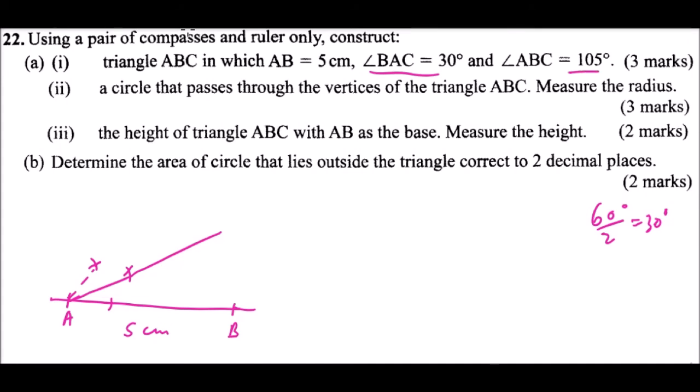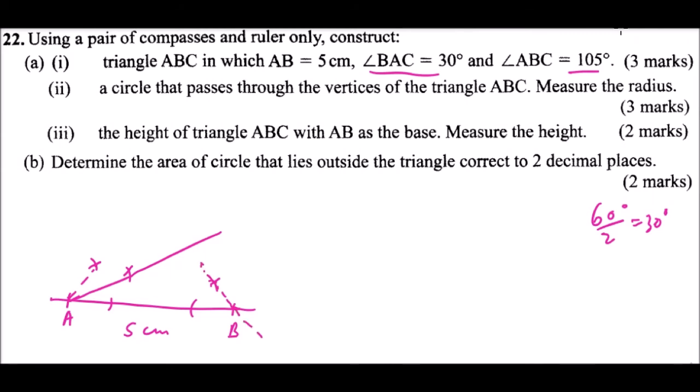Then you construct angle 105. One of the ways you can do that is by making an angle of 60 and then an angle of 45. So you can extend that. You can make an angle of 60 here. Not in that direction, we need to make a mark on this side. You make a mark there, so that is the angle of 60.